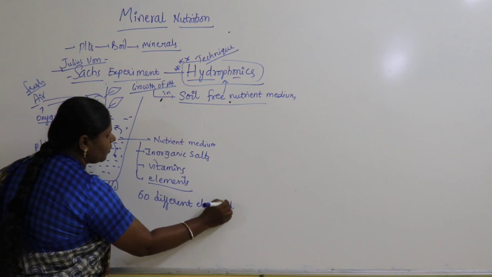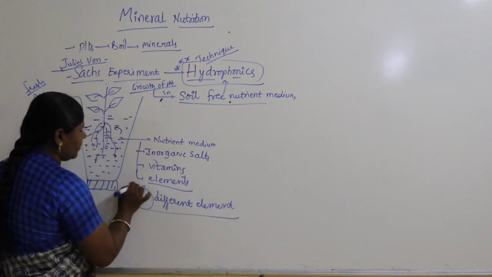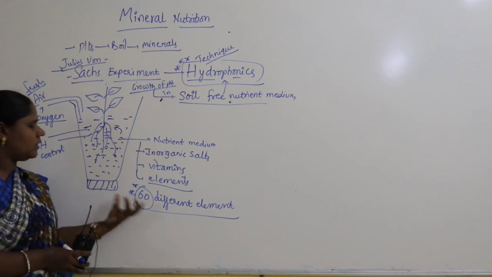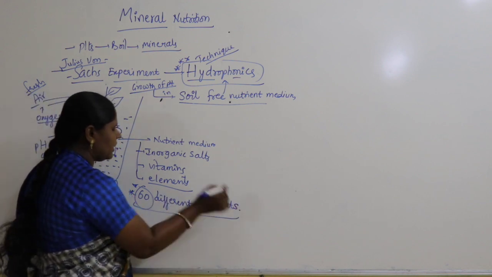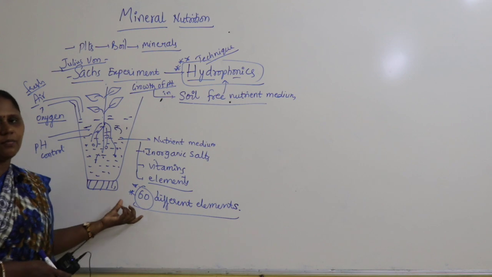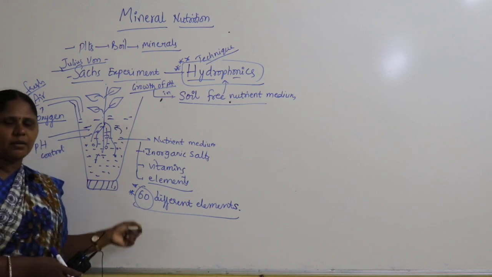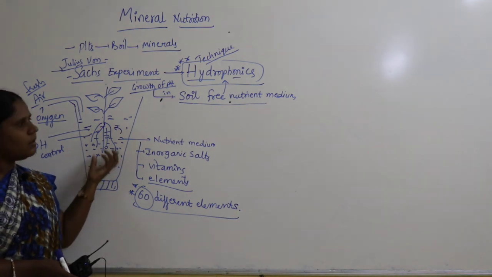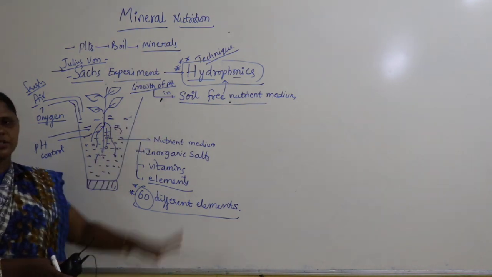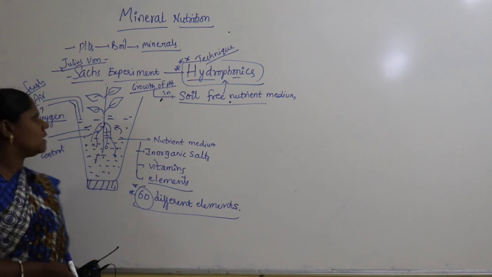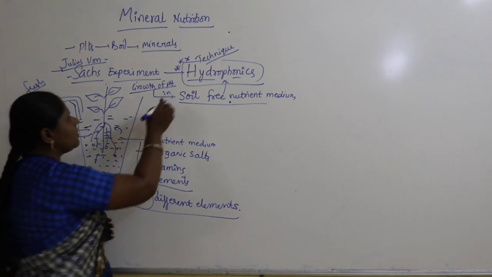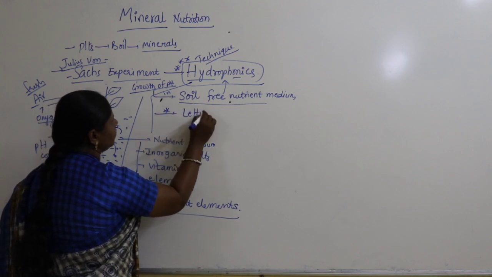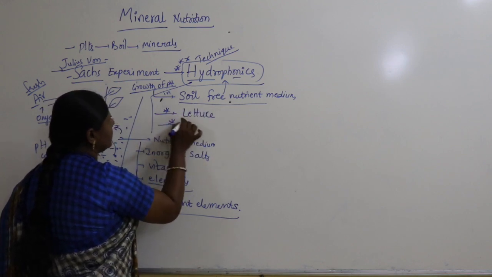They play a vital role in different metabolic processes. So the technique of growing the plant in soil free nutrient medium is called what? Hydroponics. Now, this hydroponics technique was successful, especially in plants like lettuce, seedless cucumber.